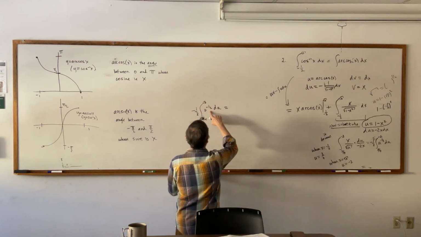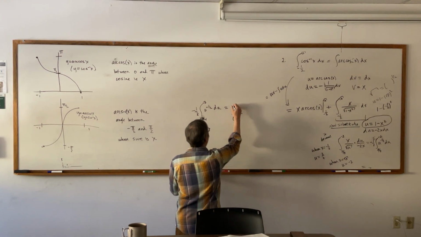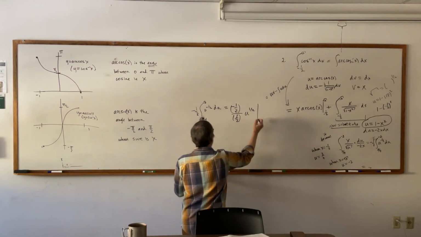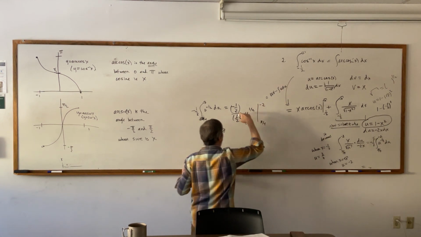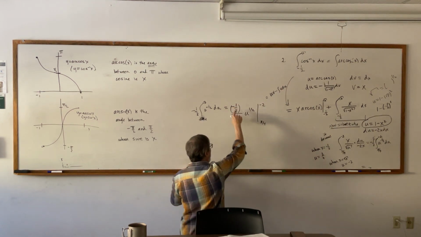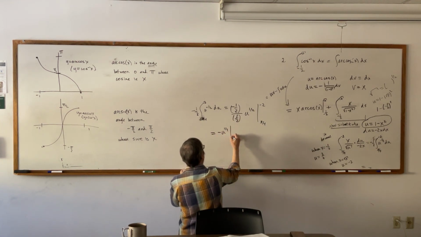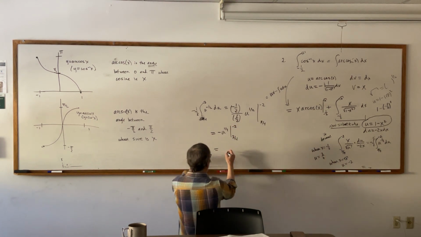I'm going to add 1 to this exponent, I get a 1/2, and divide by my new exponent. So I've got this out in front, that's real happy. Those cancel, you're just left with negative U to the 1/2 from 3/4 to -2. And then I can plug in the limits for this piece.